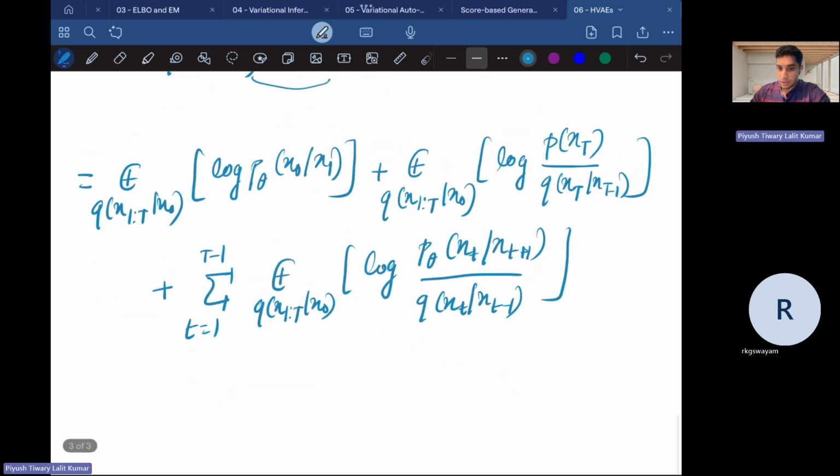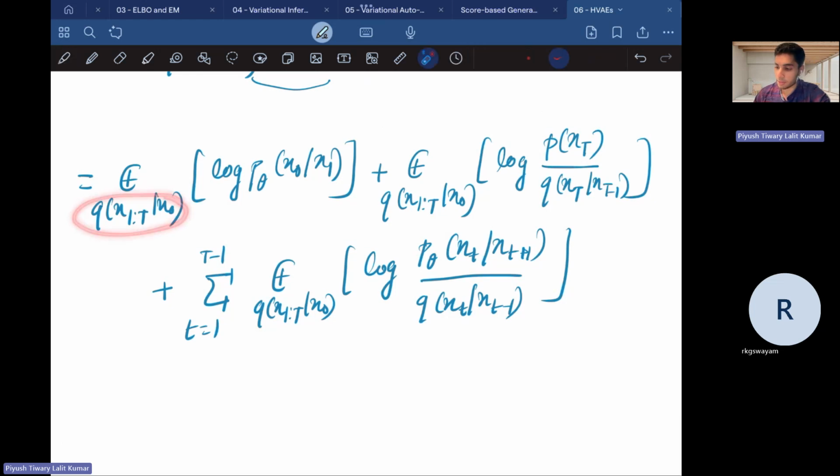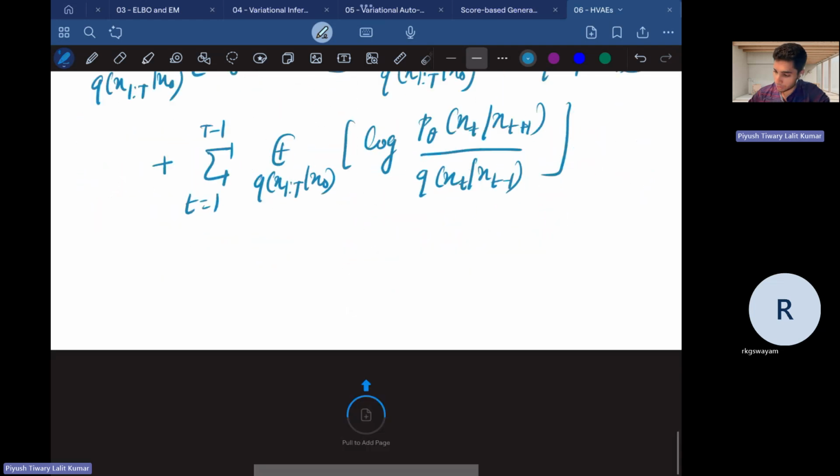Now, all these expectations are under x1 to T given x naught. But the quantity inside doesn't require all the latent variables. This only depends on x naught and x1. So you can take out the unnecessary random variables from this distribution and ignore them.